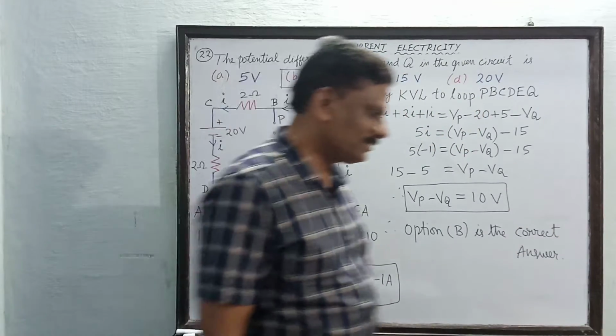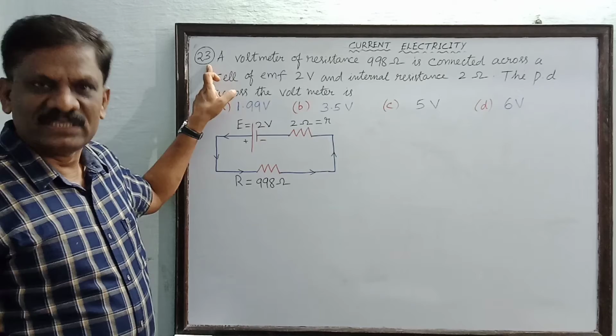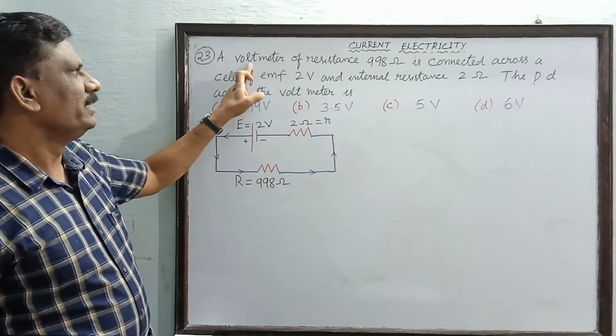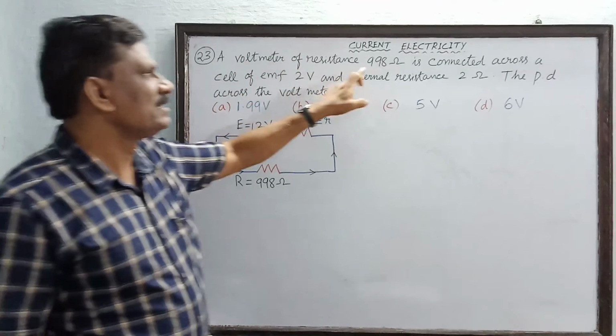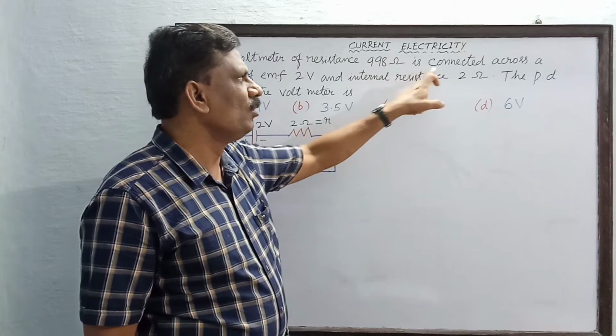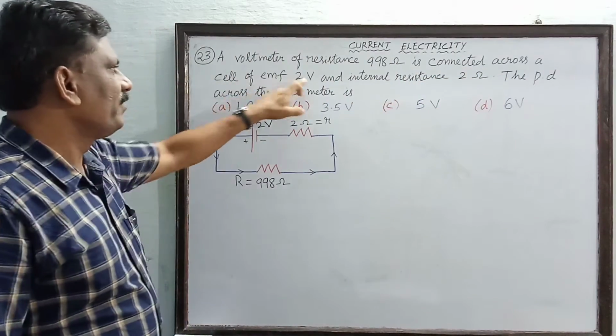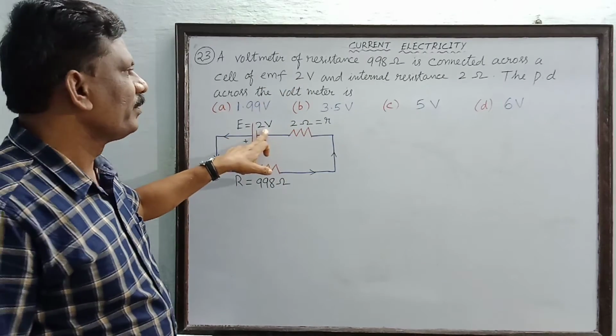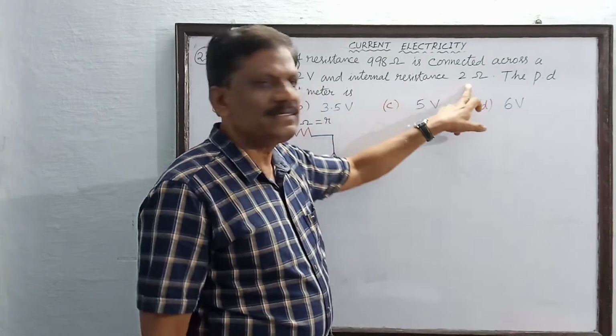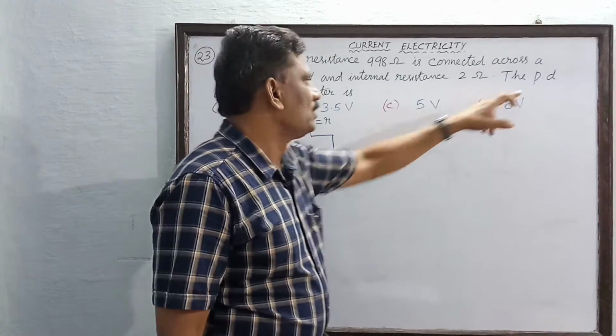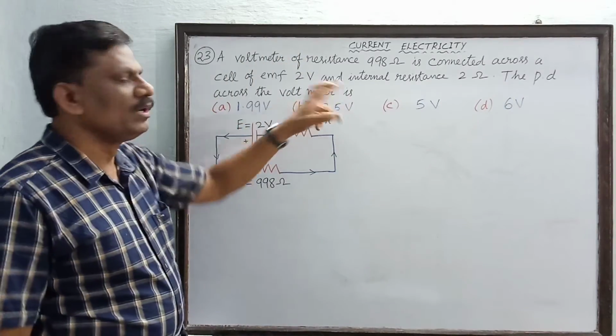Hi students. Question number 23. A voltmeter of resistance 998 ohm is connected across a cell of EMF 2 volt and internal resistance 2 ohm. So what is the potential difference across the voltmeter?